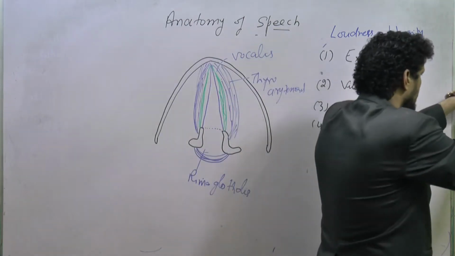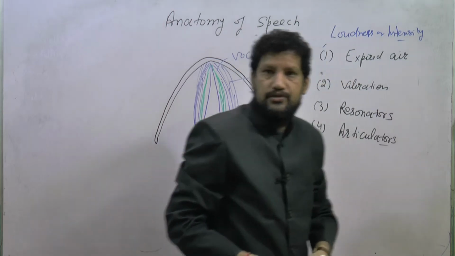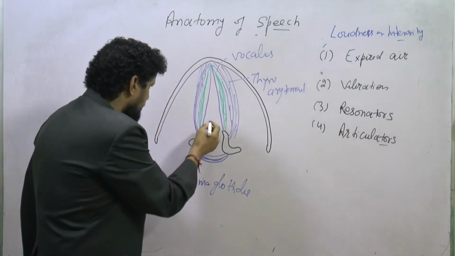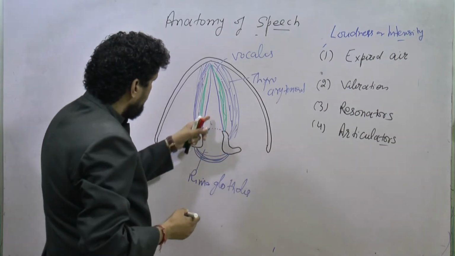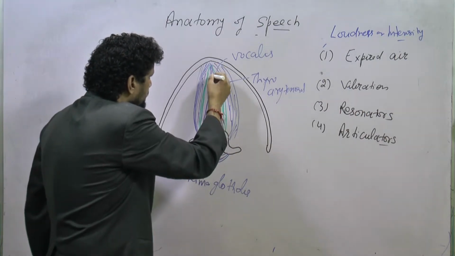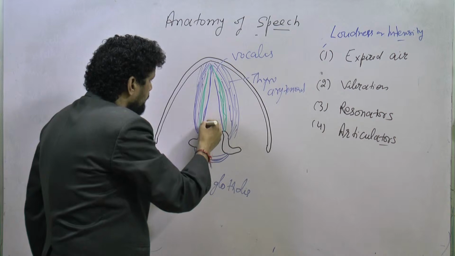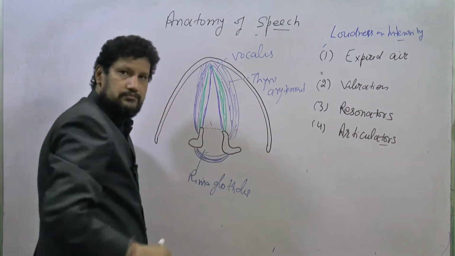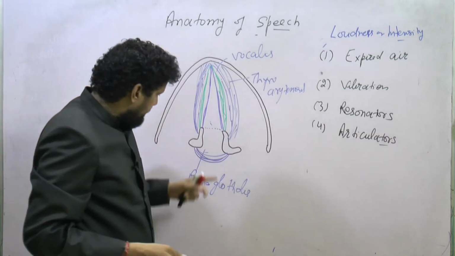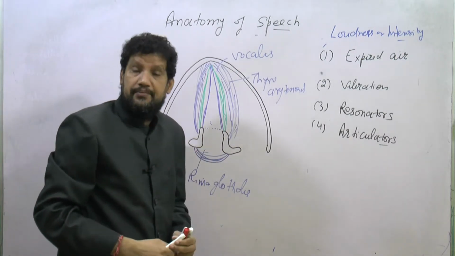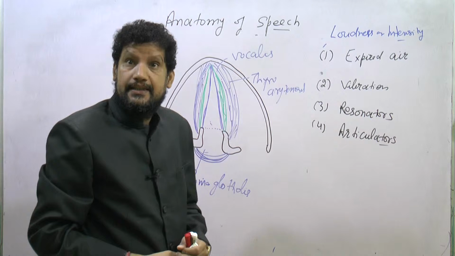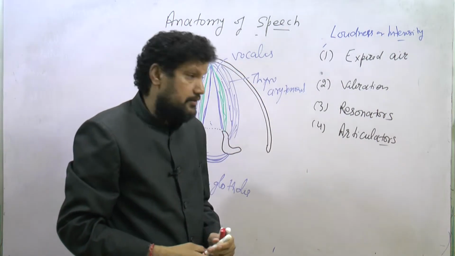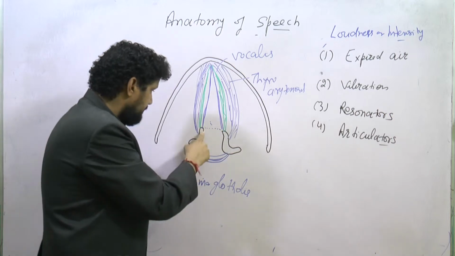The rima has an anterior triangular intermembranous part, and the posterior part of the rima is the intercartilaginous quadrilateral part.